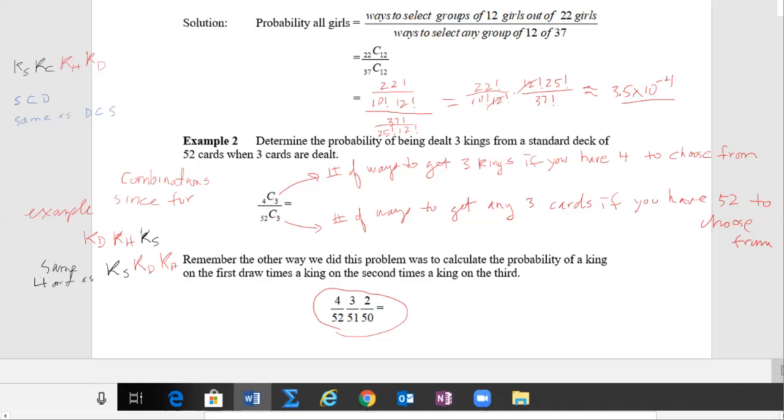Now, it seems like we're making it more complicated than it needs to be, but there's a good reason for some of these things, alternate ways to do calculations, especially when the numbers are really big. Now this one, we can view it as the number of ways to get 3 kings if you have 4 to choose from. So that would be all the possible ways, the outcomes. Okay, that's the number of outcomes in the event space.